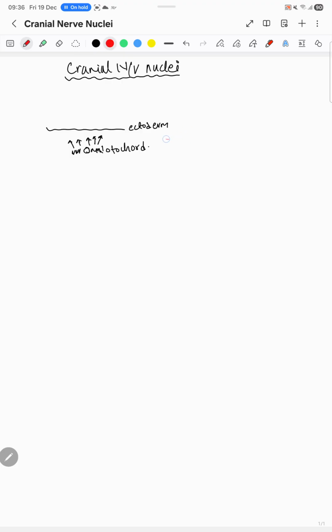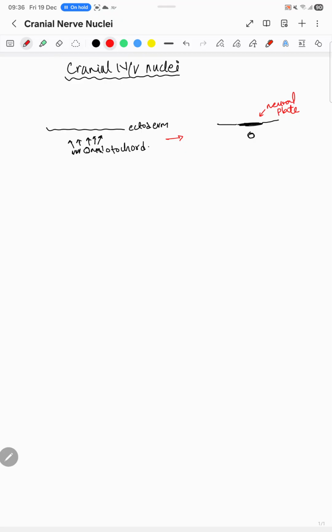Now what would happen is that there would be formation of a neural plate, right? So there's actually a formation of a neural plate.